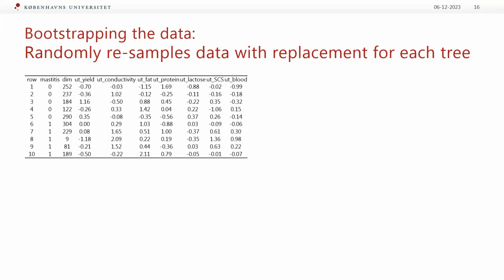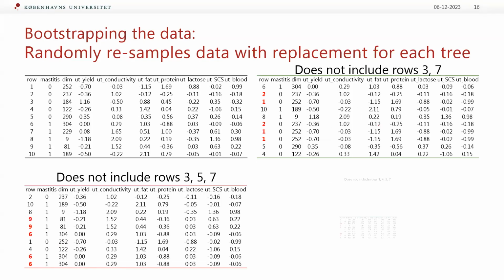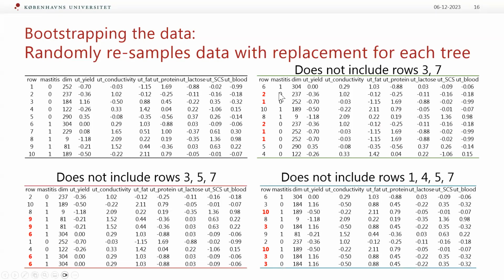So we can take this data and bootstrap it by randomly resampling it with replacement. When we do this, we create a new data set with the same size, but where we have randomly selected the rows. And because we randomly select the rows with replacement, some of the rows will be in the same data set more than once, and some of the observations will not be in the data set at all.